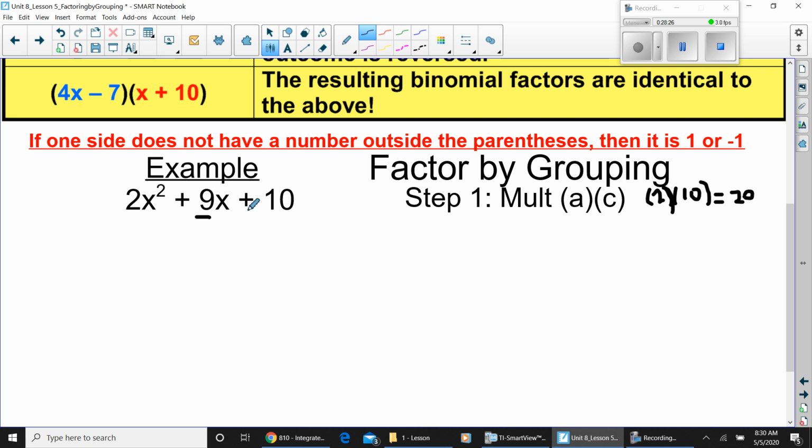Since this is all addition, you're looking for two numbers that multiply to 20 that add to 9. So 20 times 1? No. 10 times 2? Nope. And 5 times 4? Well, this works. This adds to 9.